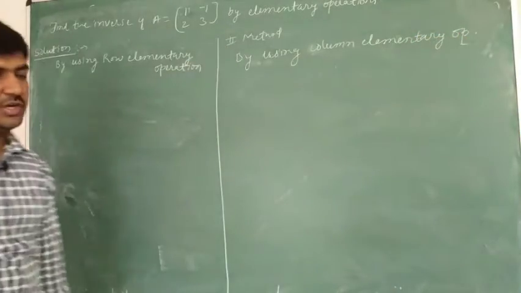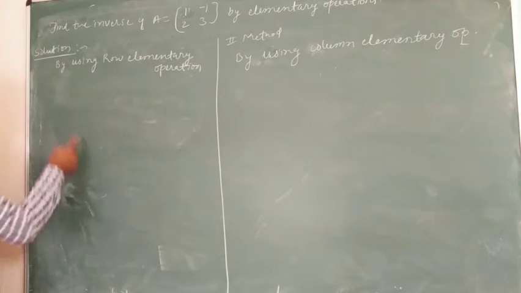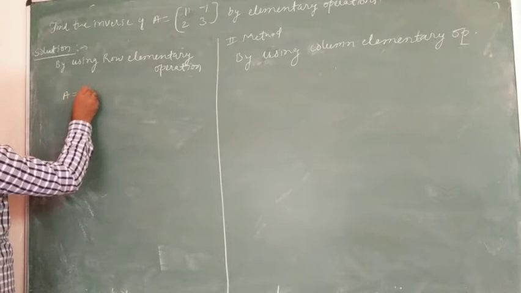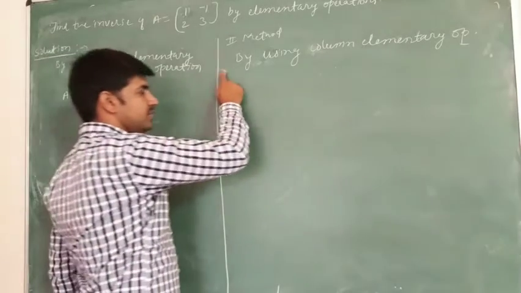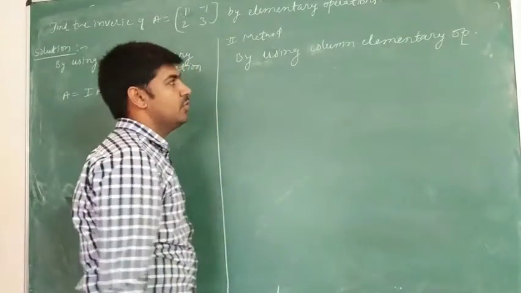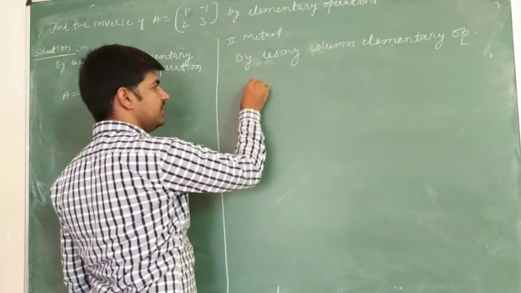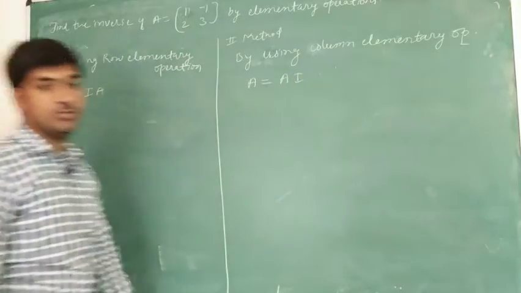So there are two ways. Dear students, if you have to use row elementary operations or transformations, then you write A as A is equal to IA. And if you have to use a series of column elementary operations or transformations, then you write A as A is equal to AI. So you have to keep this in your mind.